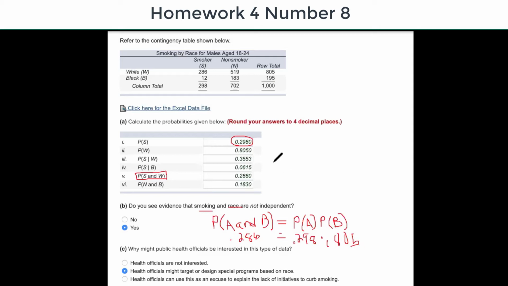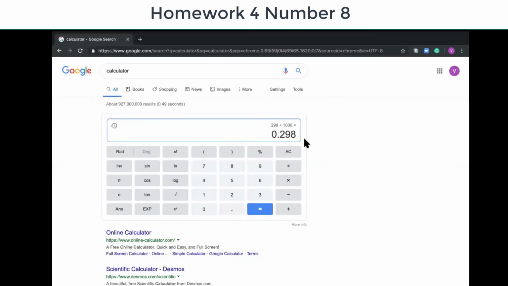So let me go to my Google calculator. Let me share that with you. So 0.298 times 0.805. Well, look at that.